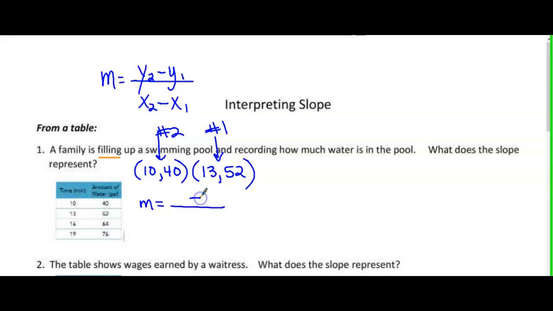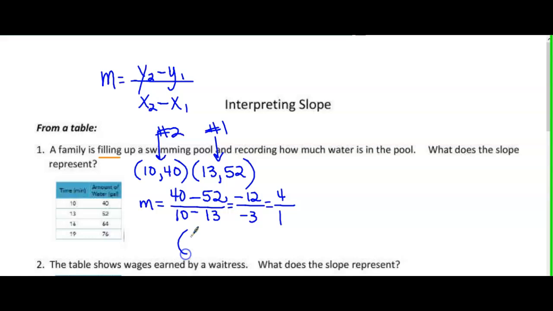You draw your fraction bar, minus, and a minus. So in this first slot, I'm going to put a 40 minus 52 over 10 minus 13. When you do your math, it gives you negative 12 over negative 3. Two negatives become a positive, and 12 over 3 is 4 over 1, I'm sorry.